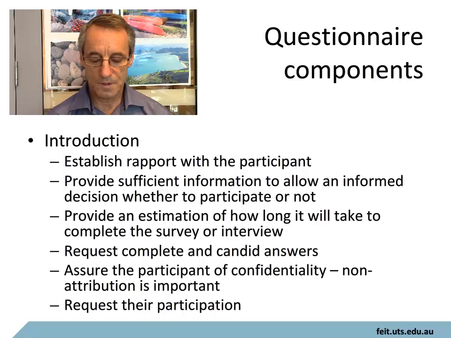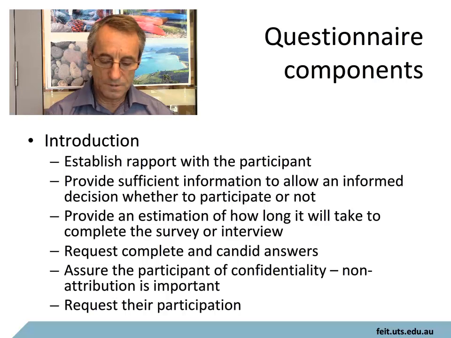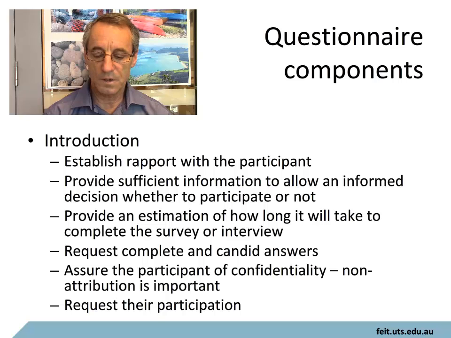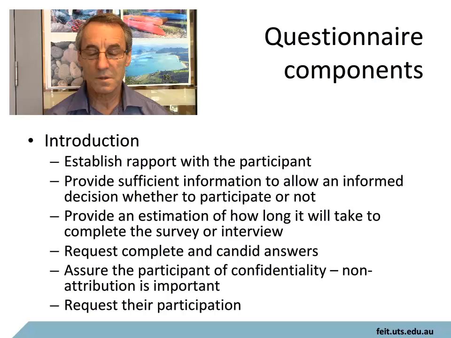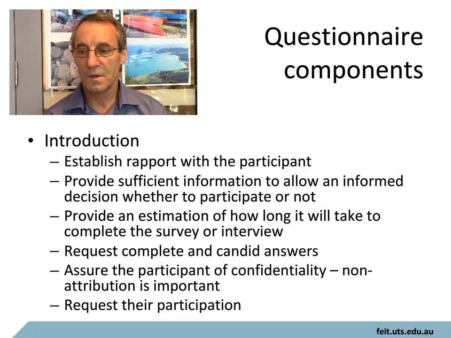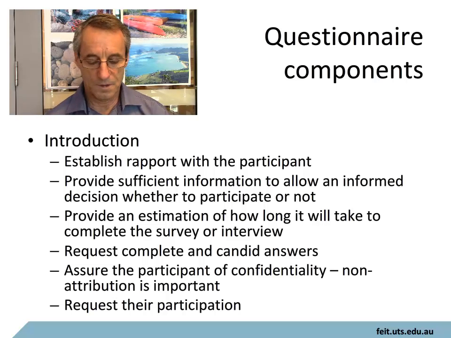You must provide an estimation of how long it will take to complete the survey. You normally would request complete and candid answers, so tell them what you're expecting them to say. If you're expecting them to lie in their teeth, then say so. If you're expecting merely their opinions, then say that.